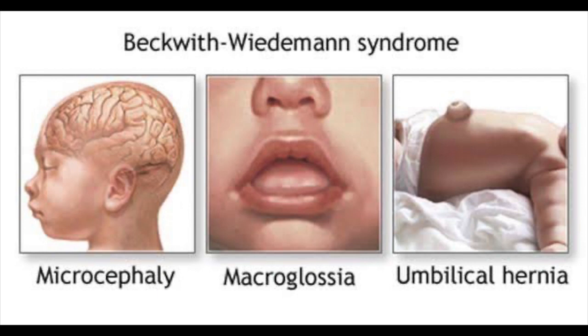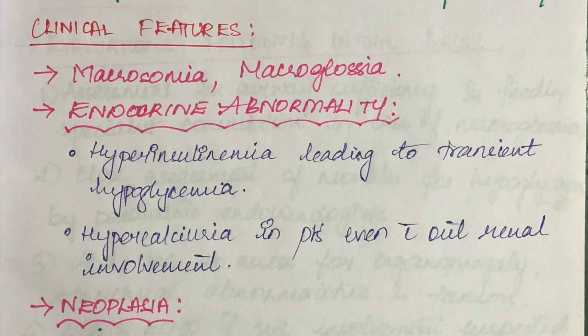As I said already, it is an overgrowth syndrome. So the patient will have macrosomia and macroglossia, and they can also have endocrine abnormalities that lead to hyperinsulinemia, leading to transient hypoglycemia, and they can also have hypercalciuria even without renal involvement.